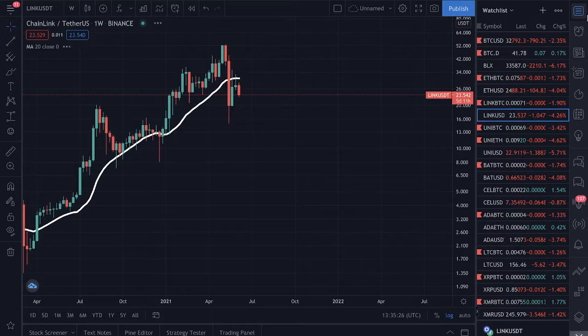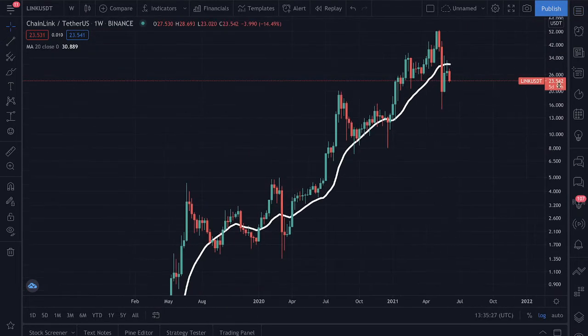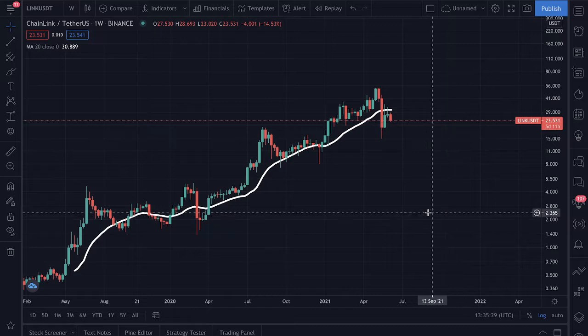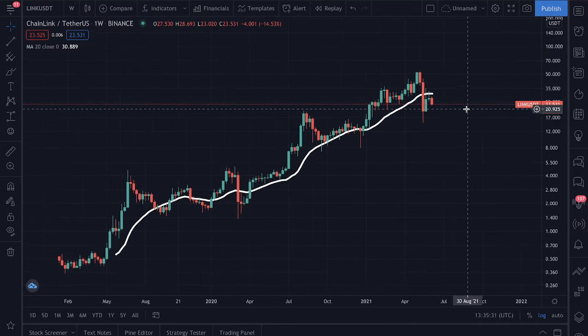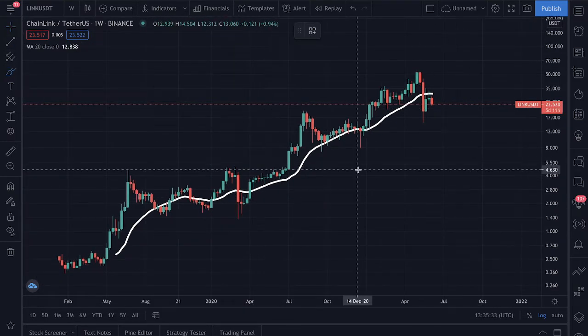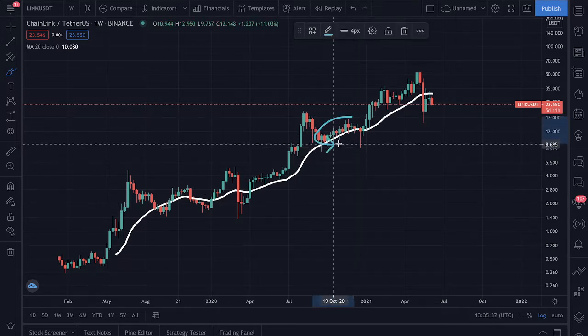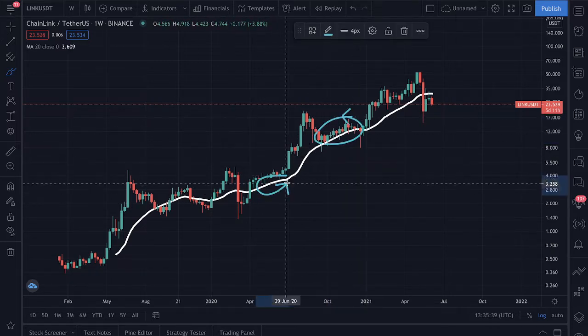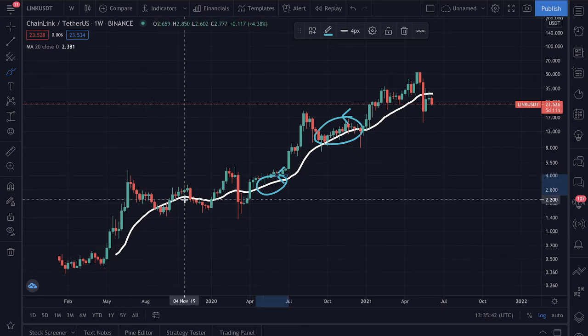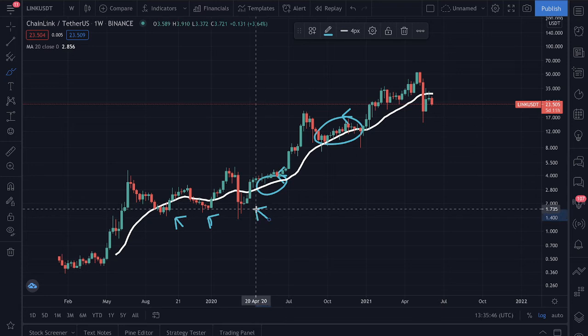Looking at the US dollar, we see that we're below the 20-week moving average. Now, this isn't necessarily a bad thing. We know that the 20-week moving average is an average that Chainlink likes to hold, as we could see here. In this instance here, but it is also capable of breaking below, but recovering fairly well.